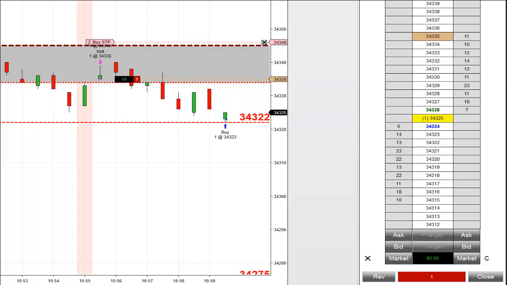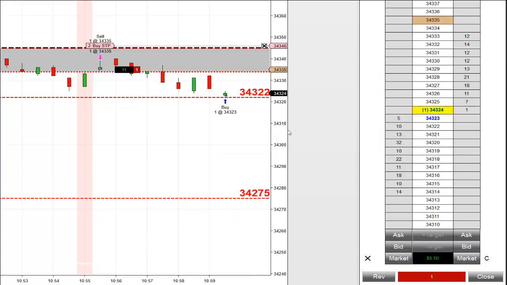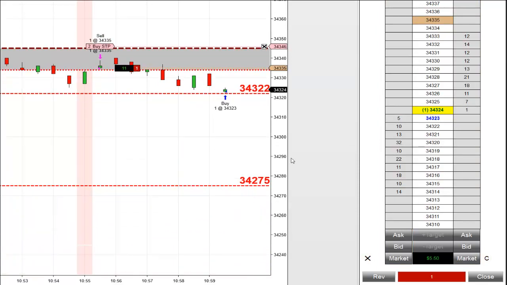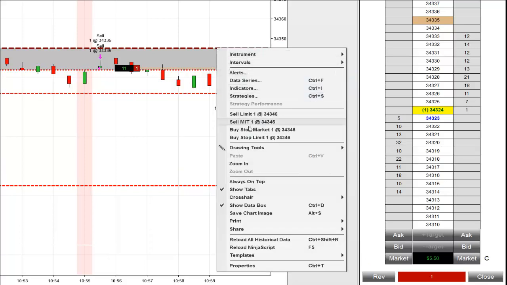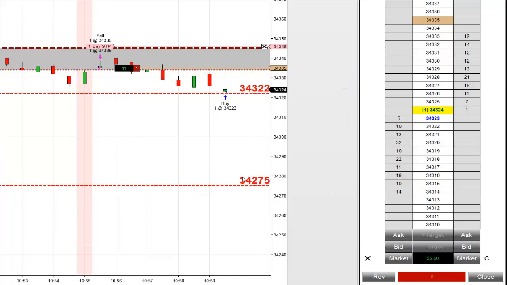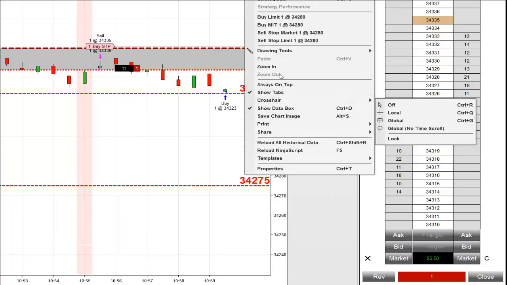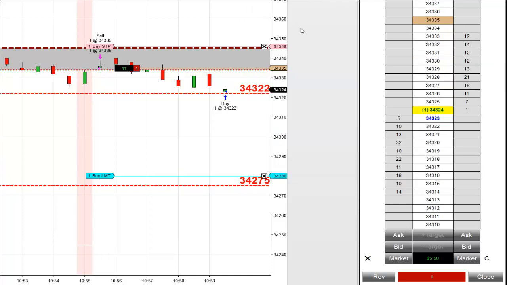Order filled. Okay, and so we just hit the T1 there and pulled half off, so I'm going to go ahead and adjust my orders. I'm going to go ahead and cancel. Order canceled. I'm going to cancel that one for 2, set the one for 1, and then I'm going to put a new limit order way down at the second target there.